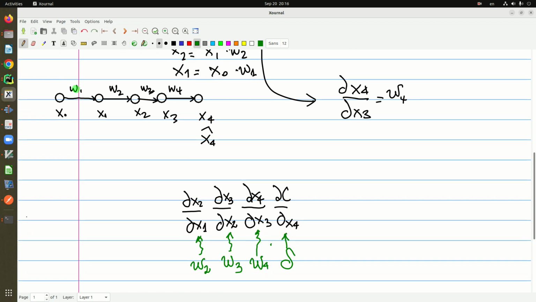Now we have reached this point here. What we're looking for is W1.